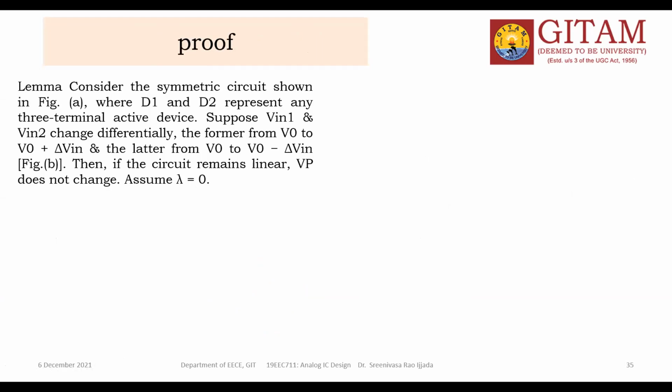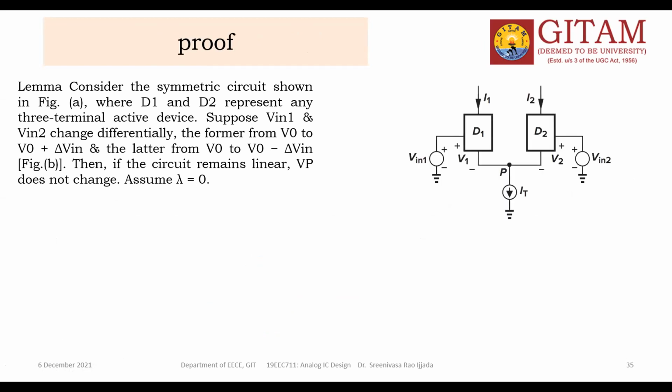So according to this lemma, consider the symmetrical circuit shown in the figure. This is my symmetrical circuit. Here D1 is one device and D2 is another device. Both should be any active device which has three terminals.